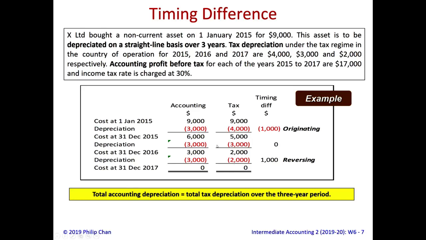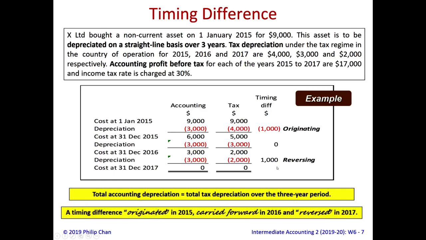It means that accounting profit, if everything equals, should be 1,000 less than the taxable profit, and therefore it would generate another timing difference, but this time with a positive effect, and that would mean that the cumulative timing difference that you started with in the year 2015 with 1,000, carried forward to 2016, now in the year 2017 would be fully reversed, and therefore at the end of the third year you have no more timing differences, which makes sense.